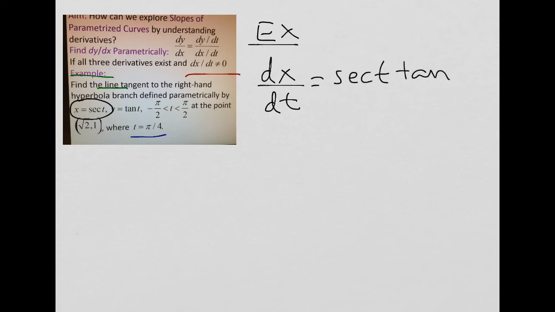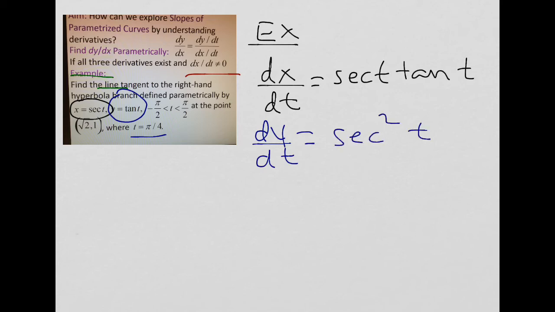So in our example, the first thing that we want to do is look at our x equation and find dx over dt. So dx over dt is secant of t tangent of t. Great. Then we want to take our y equation and find dy over dt. Okay, that is secant squared of t. That's fine.